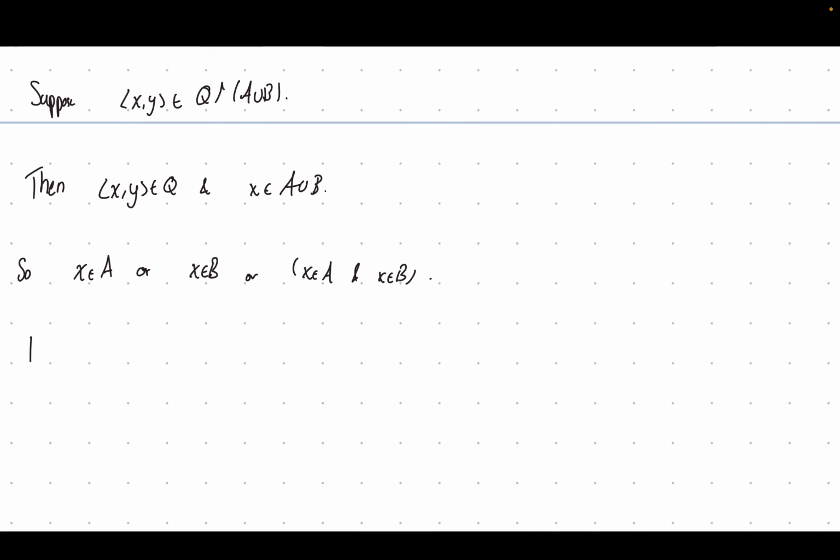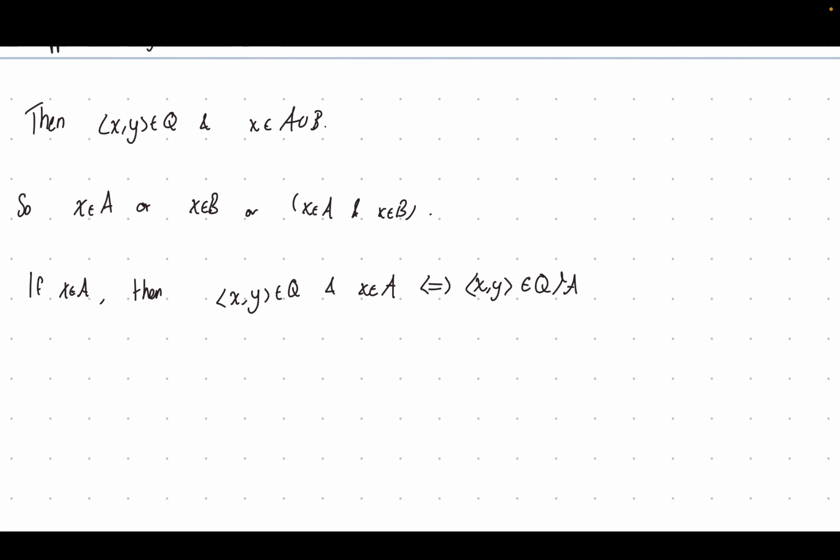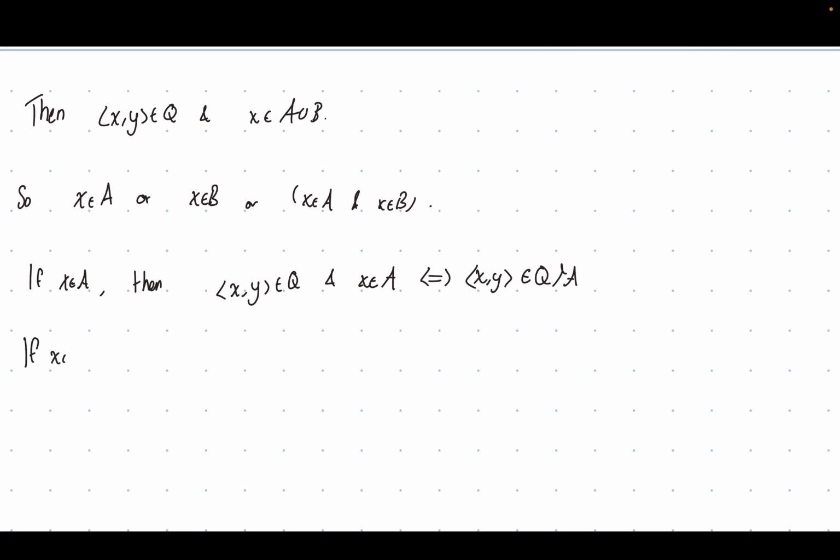If x is in A, then x, y is in Q, and x is in A, which is the same as saying that x, y is in the restriction of Q to A. If x is in B, then the same thing happens.